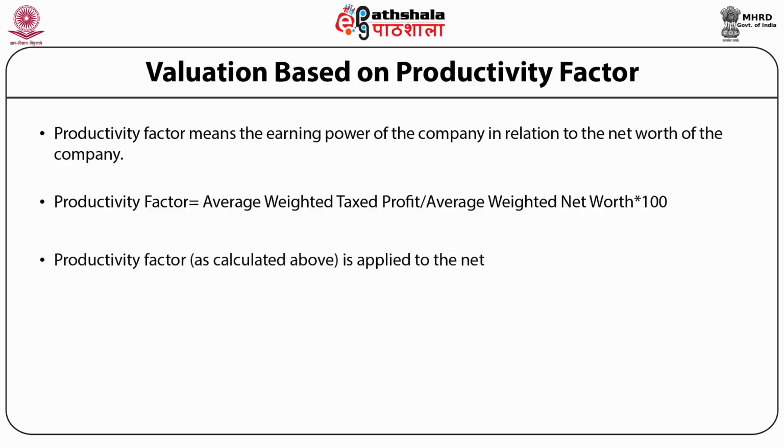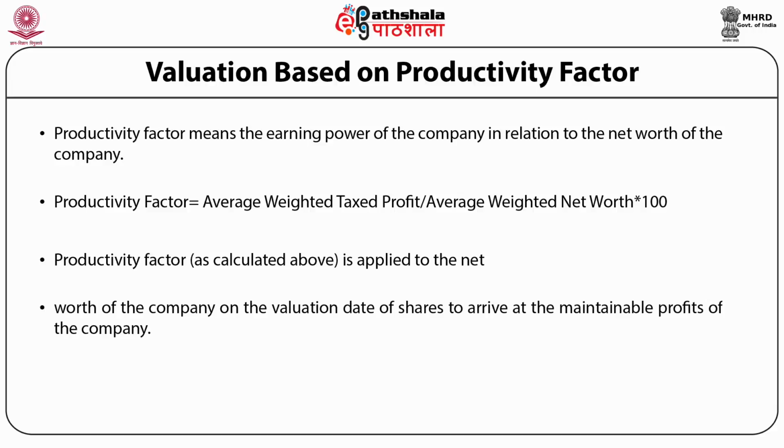Productivity factor as calculated with the formula just discussed is applied to the net worth of the company on the valuation date of shares to arrive at the maintainable profits of the company.